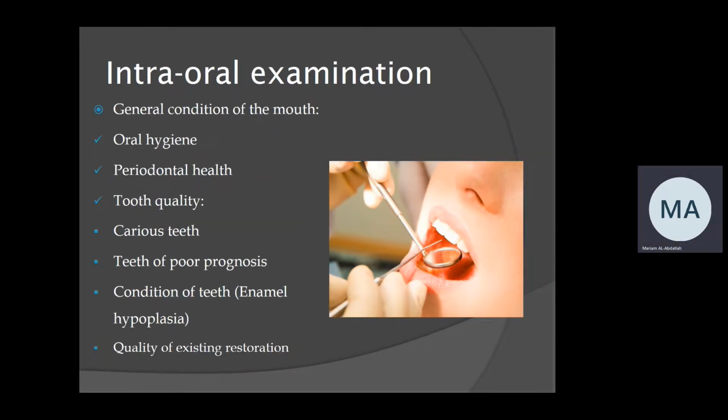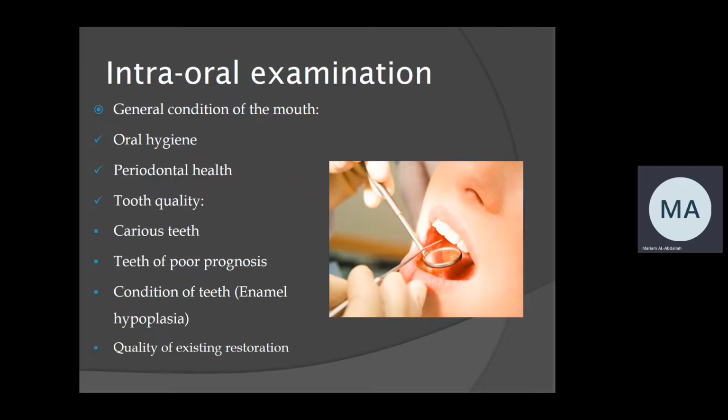So as we said, the general condition should include oral hygiene. You need to have your examination form and fill in the oral hygiene. Is it good, fair, or poor? You need to look at the general periodontal health for the patient.